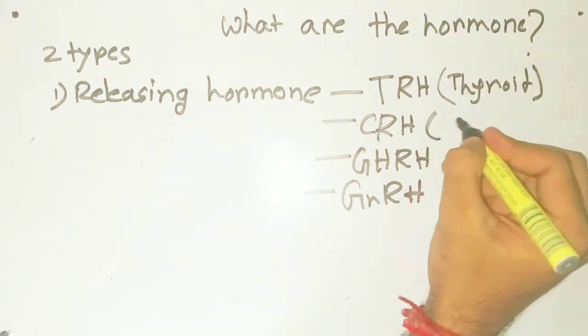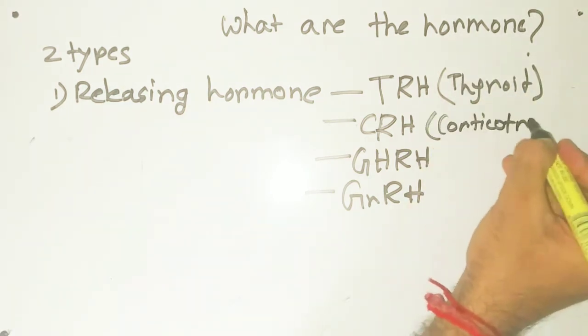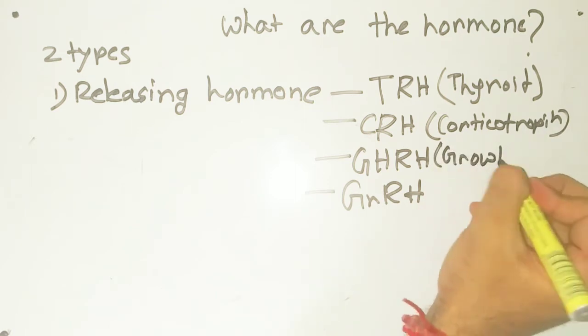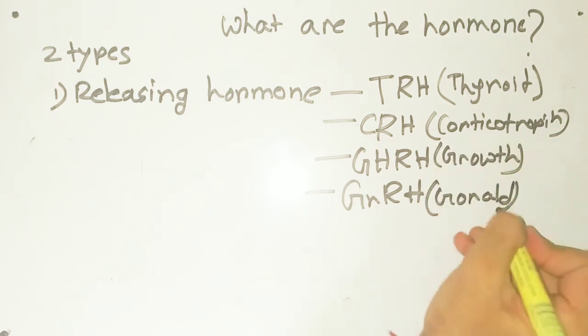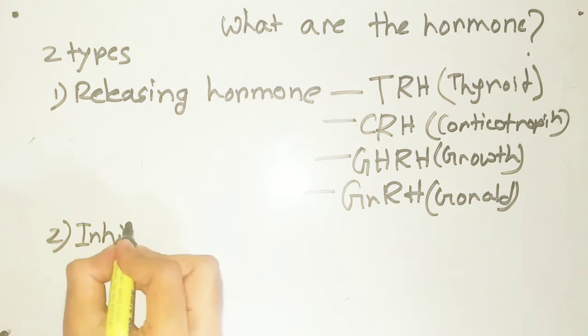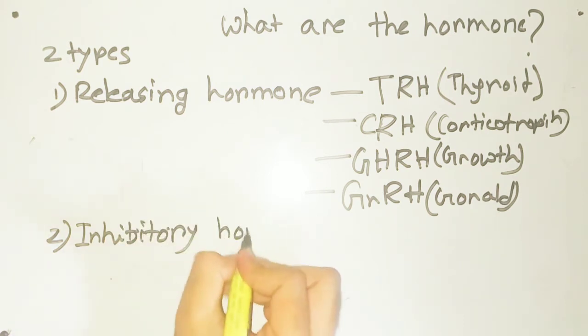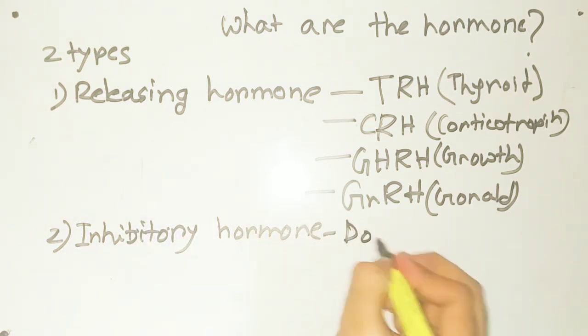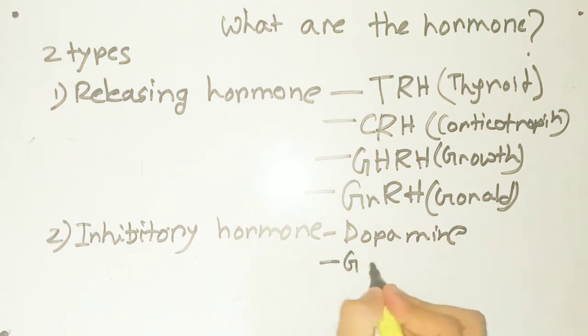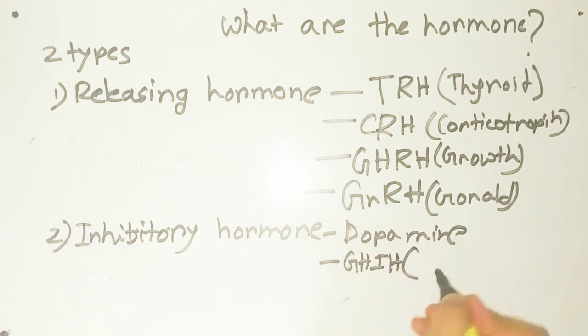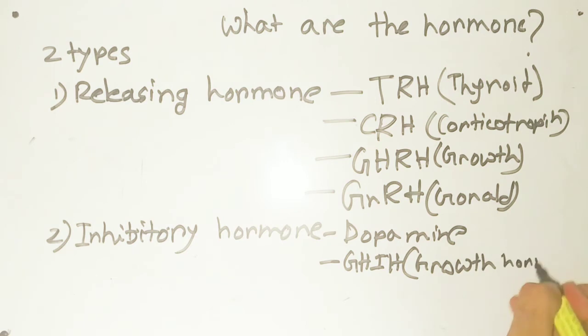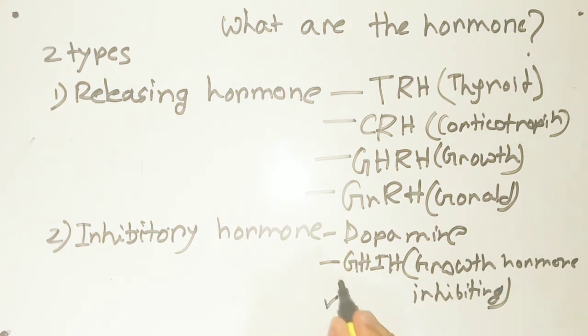TRH acts on the thyroid, CRH acts on the adrenal, GHRH acts mainly on growth, and GnRH acts on the gonad. There are two inhibiting hormones, dopamine and growth hormone inhibiting hormone, which is also called somatostatin.